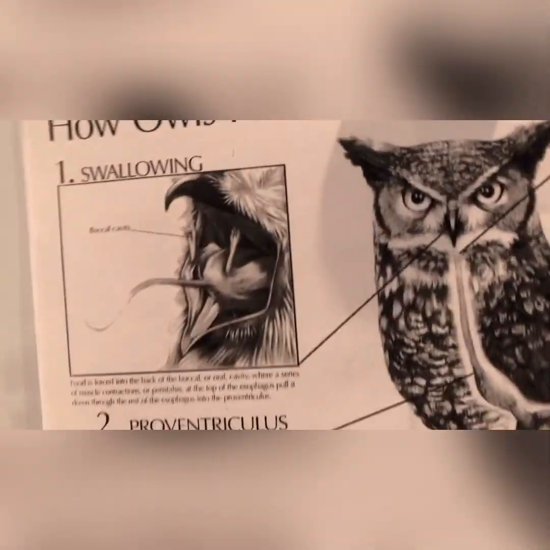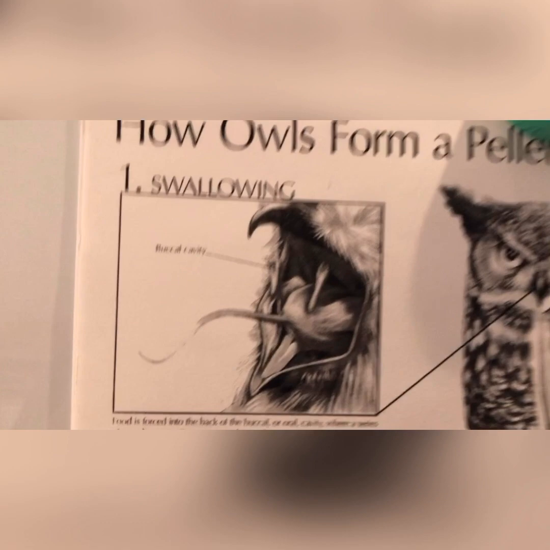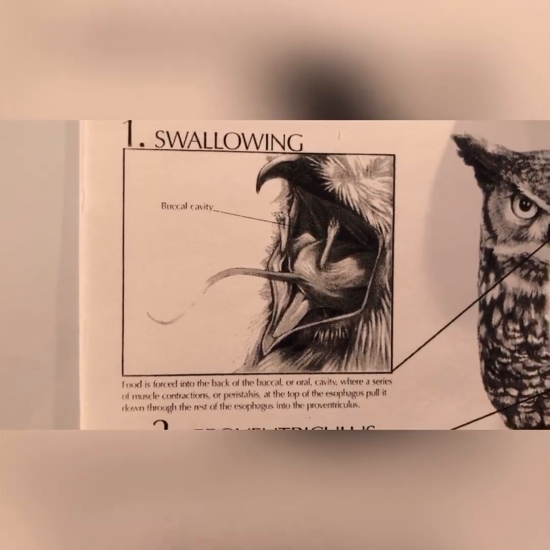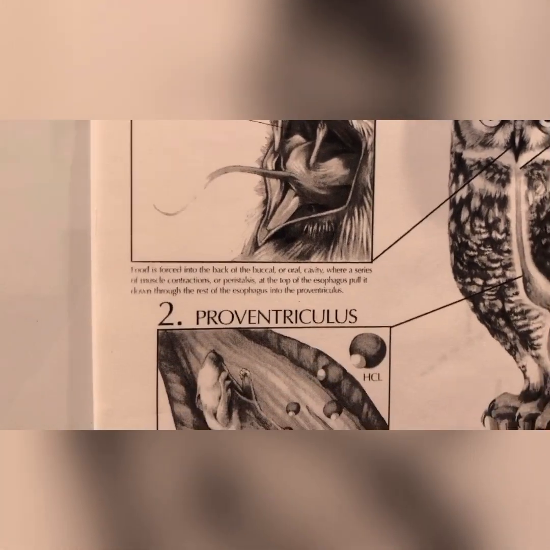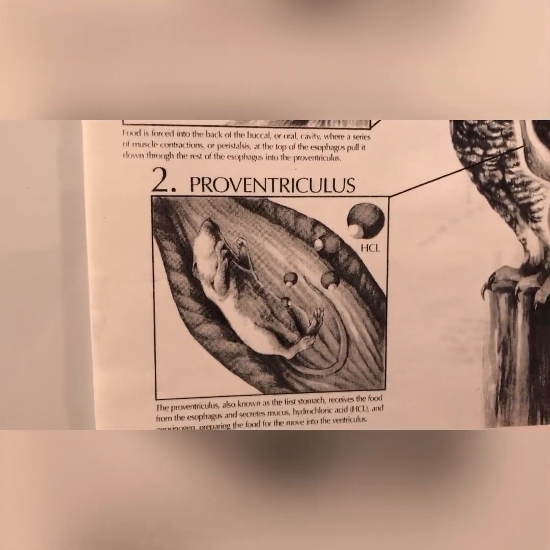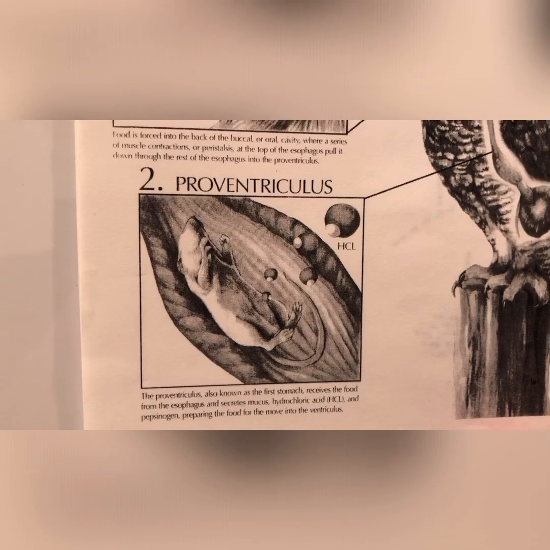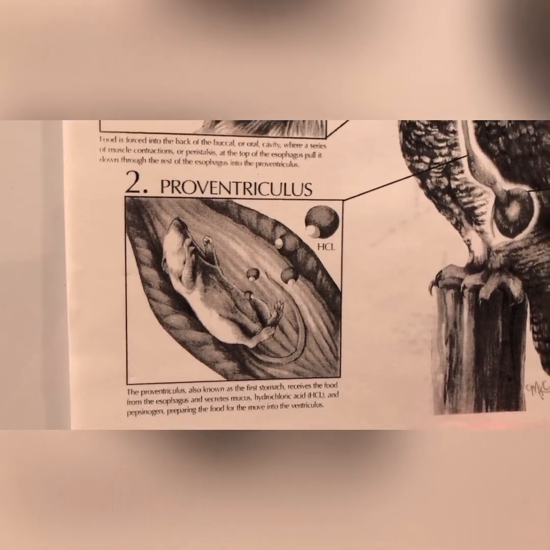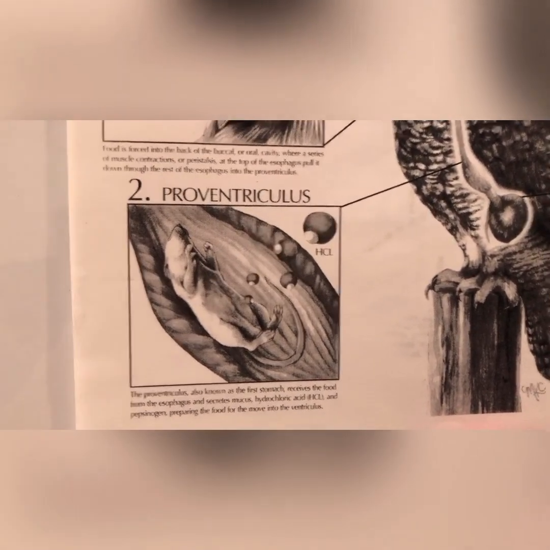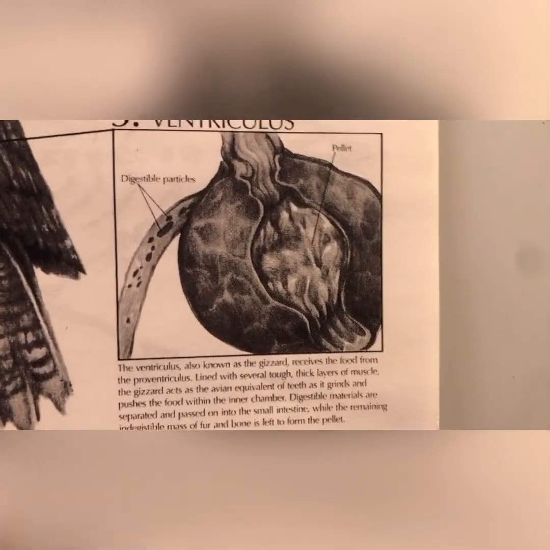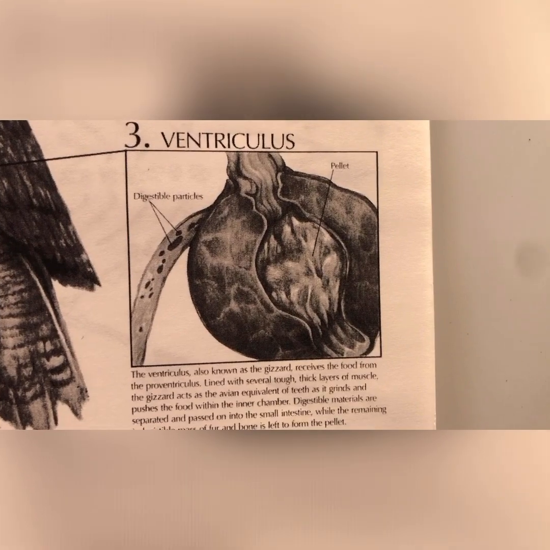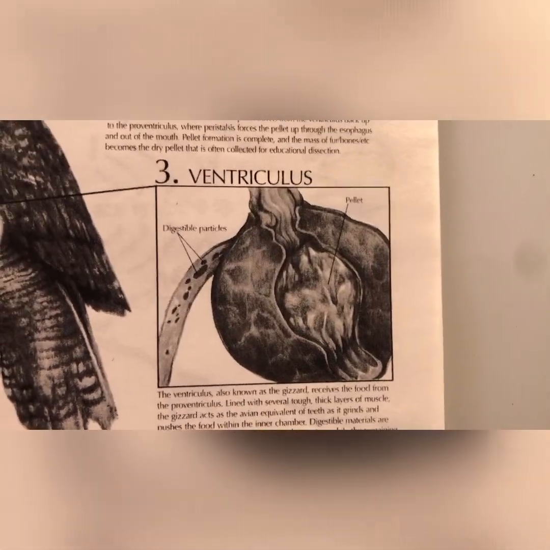What I want to show you is a diagram of an owl eating its prey. The first thing it does is start by eating its prey whole. You can see the little mouse inside of the owl's mouth. It travels down into the stomach of the owl, and there are some acids that start to break down the prey, and it keeps traveling further down into the stomach, and this is where they start to digest the animal.